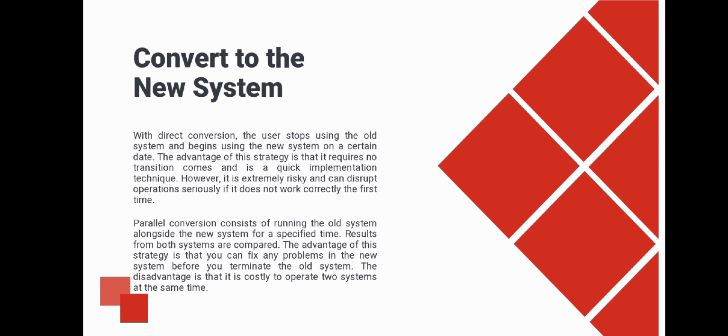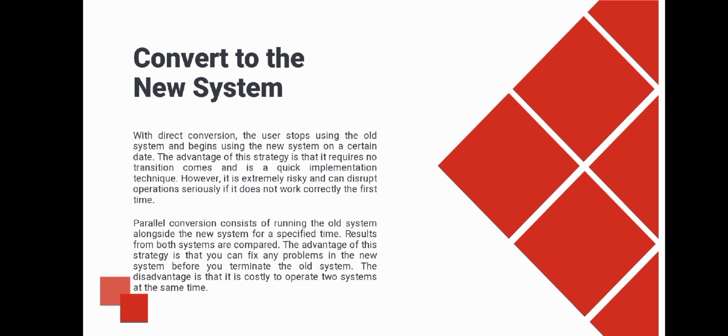The final implementation step is to change from the old system to the new system. This change can take place using one or more of the following conversion strategies: direct, parallel, phased, or pilot.